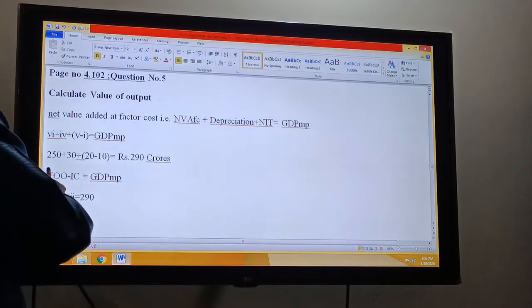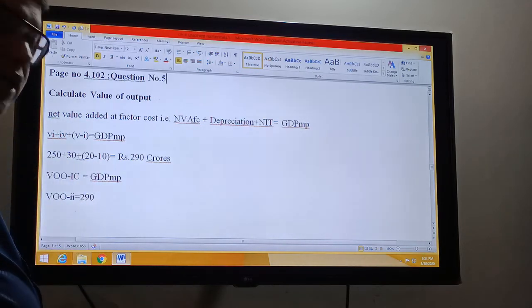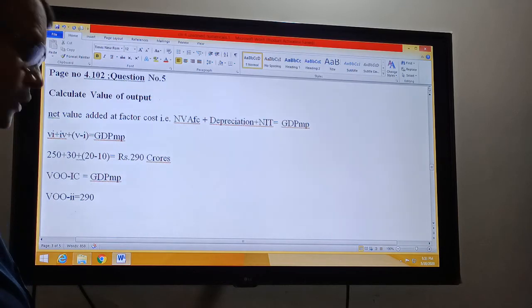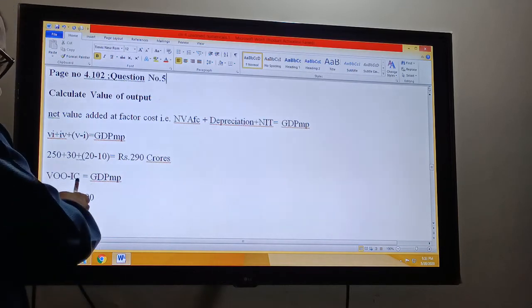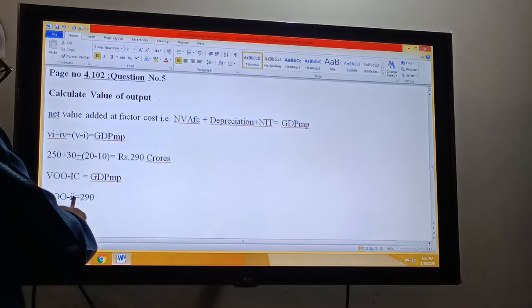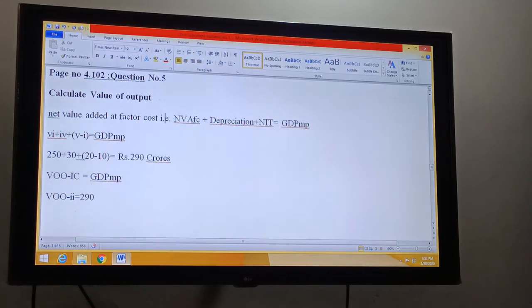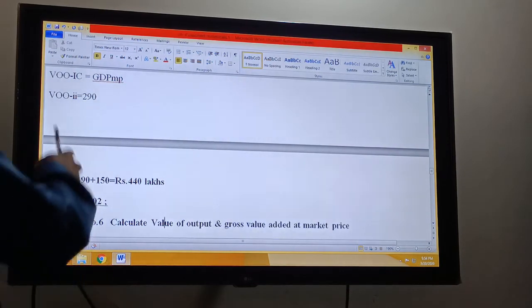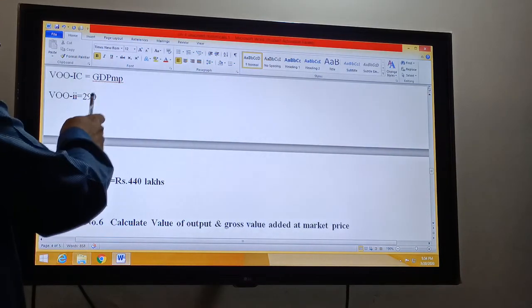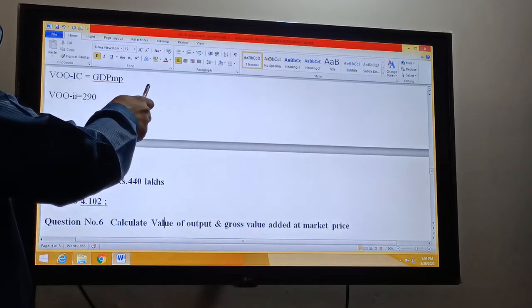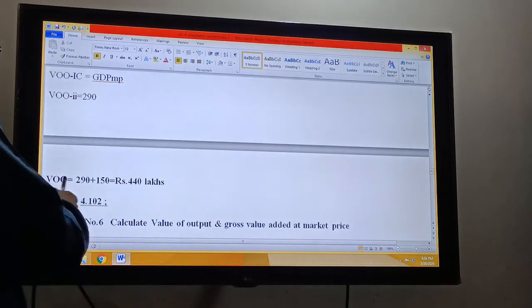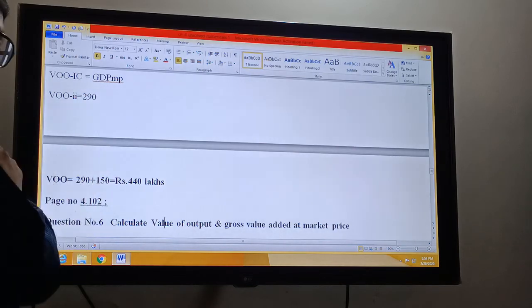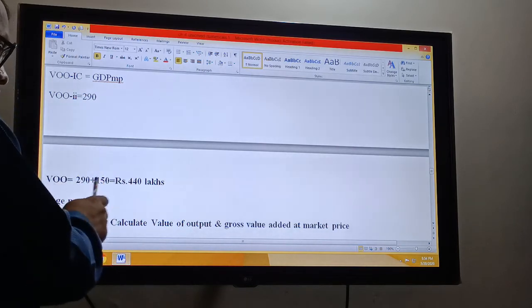And we know that value of output minus IC is equal to GDPMP. And we need to get value of output. How do we get it? Value of output minus IC, item number 2, is equal to 290, that is your GDPMP. See, here you can focus. Value of output is equal to GDPMP plus IC, we can take IC to this side. 290 plus 150, 150 is your IC, that is equal to 440 lakhs.